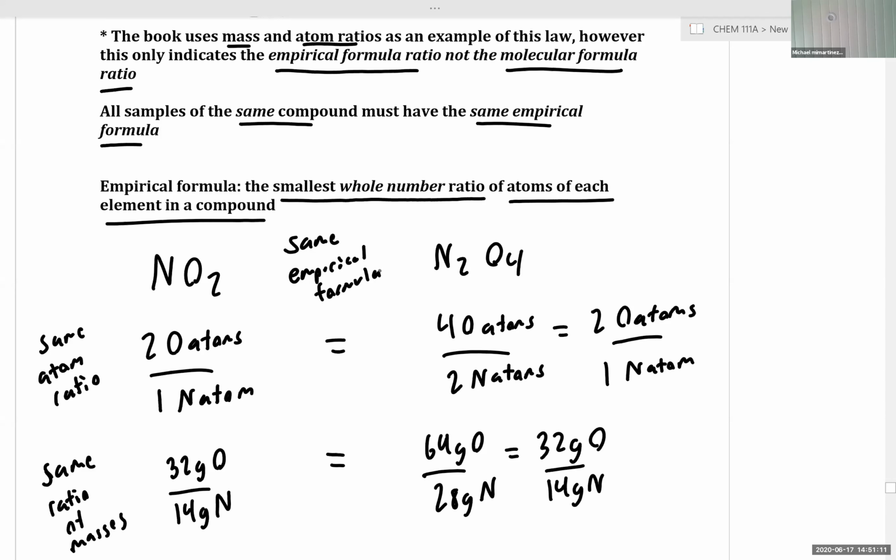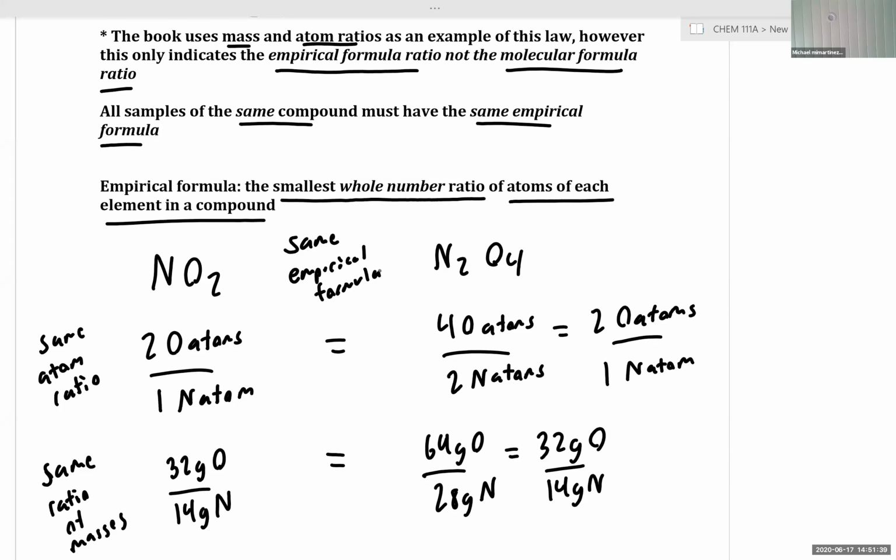So if you try to study these two compounds and apply the law of multiple proportions to them, you would have difficulty distinguishing them by looking at the mass ratios. They have the same ratio of masses and elements, but a different total number of atoms of each element.